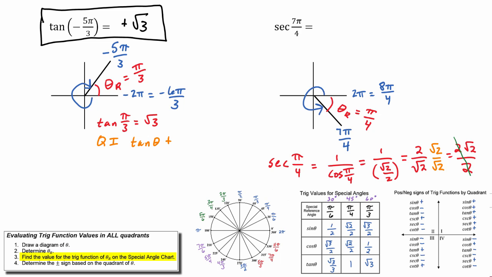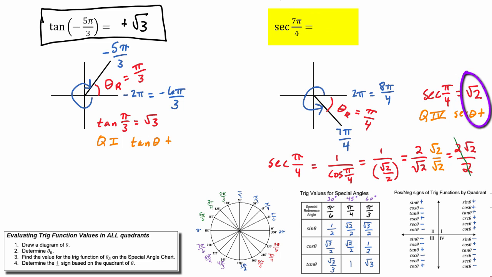So we see that the secant of pi over 4 is going to equal radical 2. We are in quadrant 4, and in quadrant 4 we know that secant theta is positive. So then the secant of 7 pi over 4 is going to be positive radical 2.